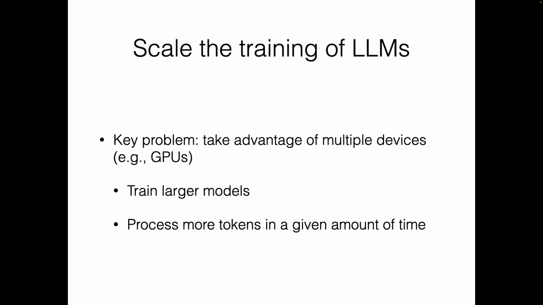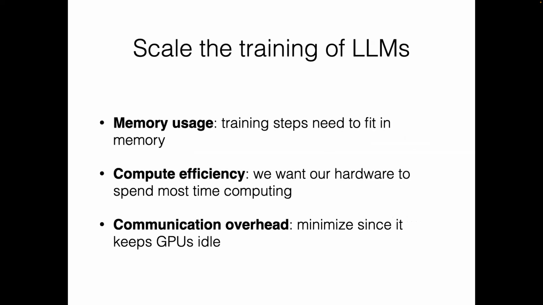Certainly, if you have a 7 billion parameter model, maybe it's possible to just train it on one GPU. But then to get through 1.5 trillion tokens, it would take way too long. There are a few different things you have to think about, and we'll go into these in detail today, but let me mention them at a high level. First of all, the training steps need to fit into your GPU memory in the first place.